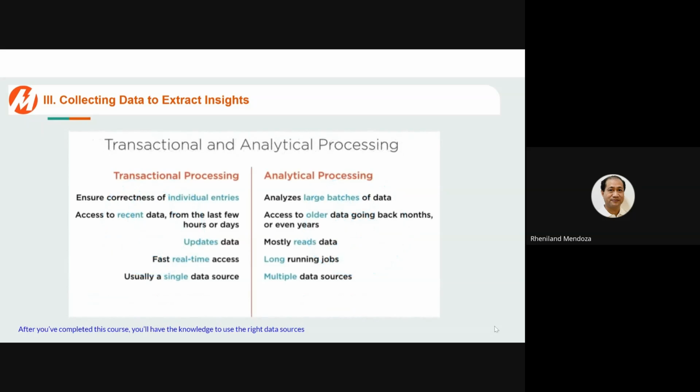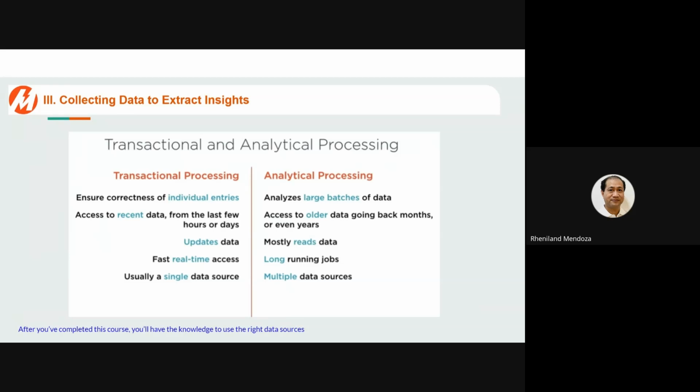So let's compare. Transactional processing actually involves ensuring the correctness of individual entries in the data. They're more on quality, real time.